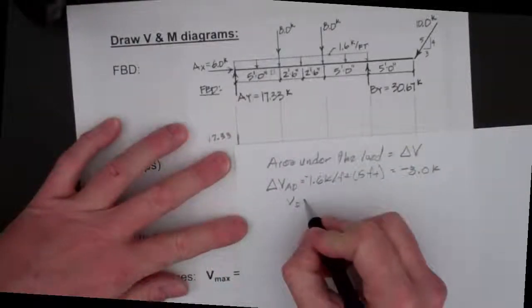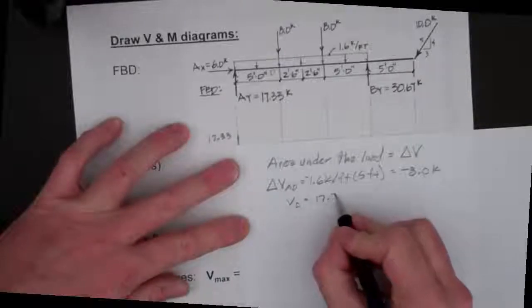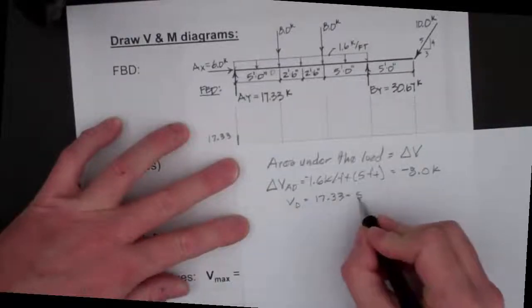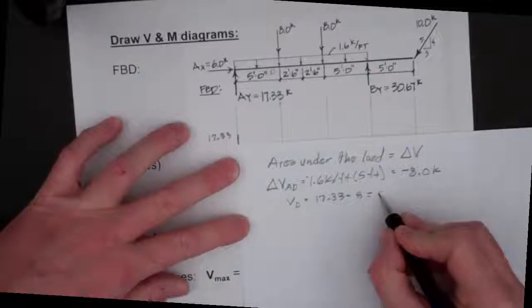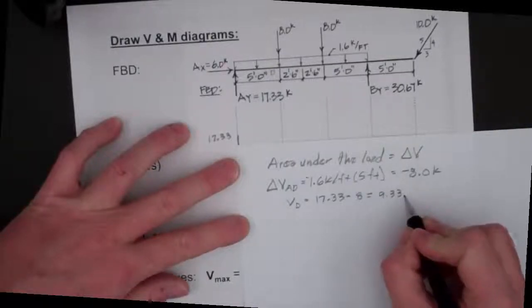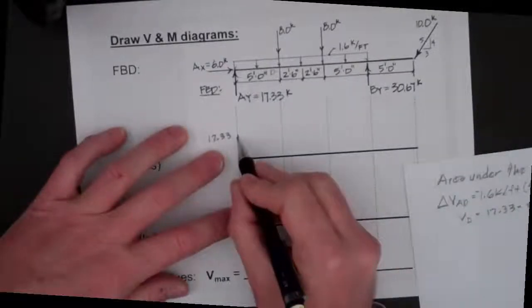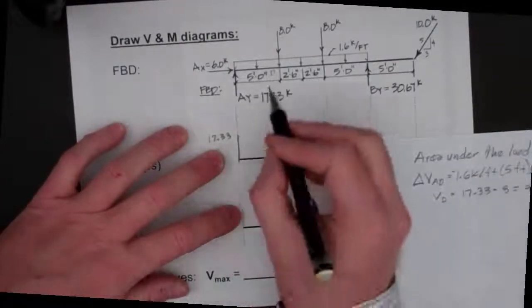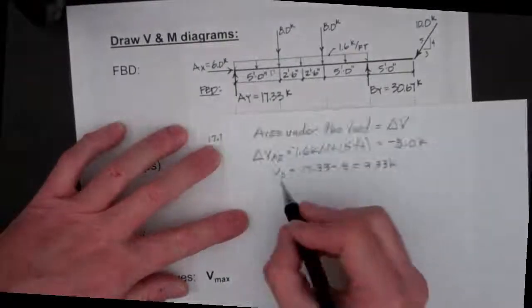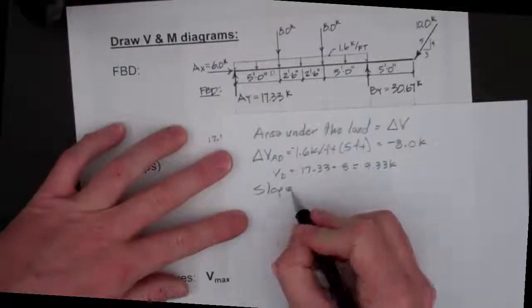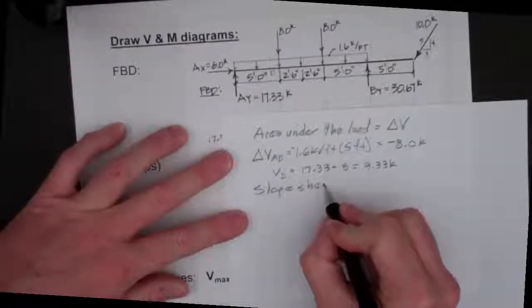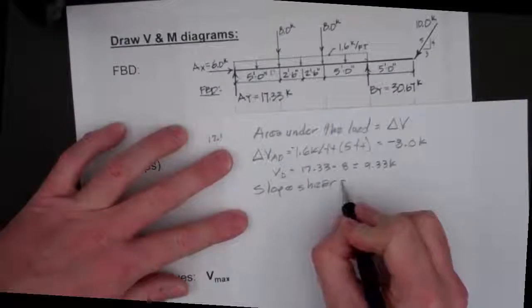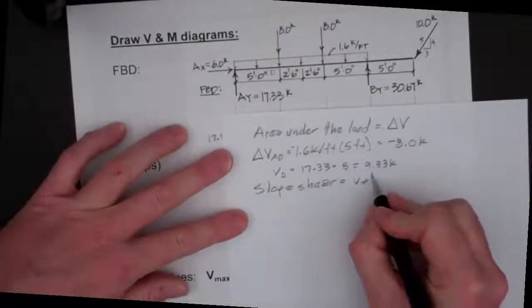So our new shear at D will be our 17.33 kips minus our 8, so we'll go down to about 9.33 here. And now we're going to note that the other relationship is that the slope of the shear at any point is equal to the value of the load.